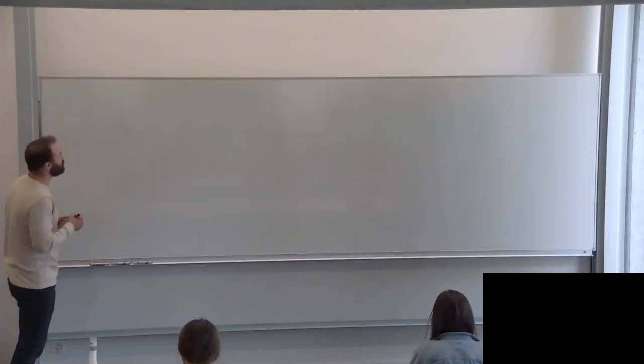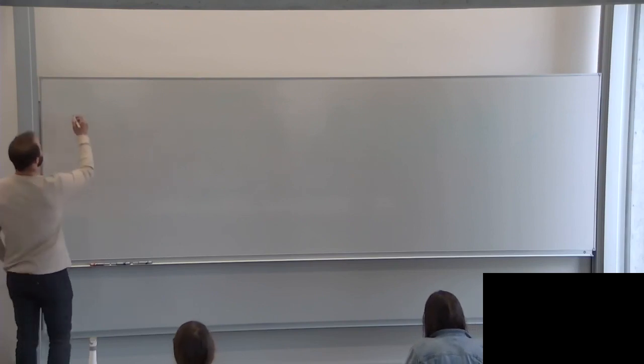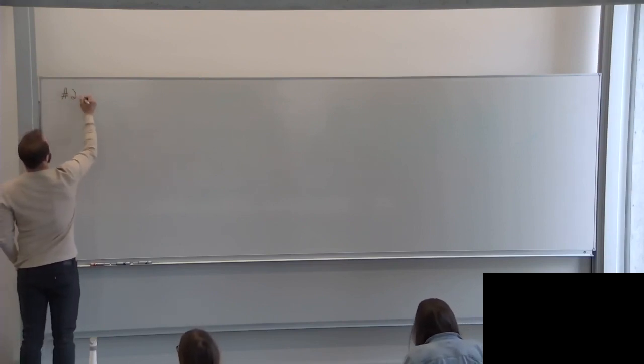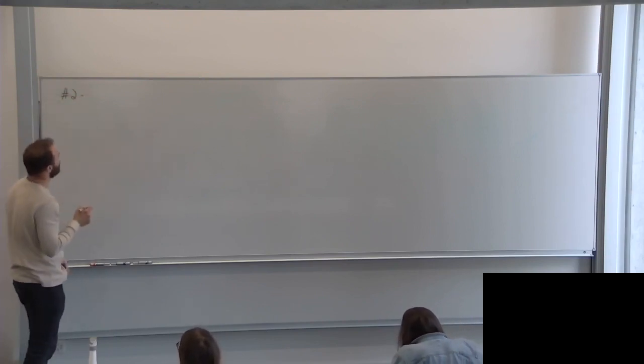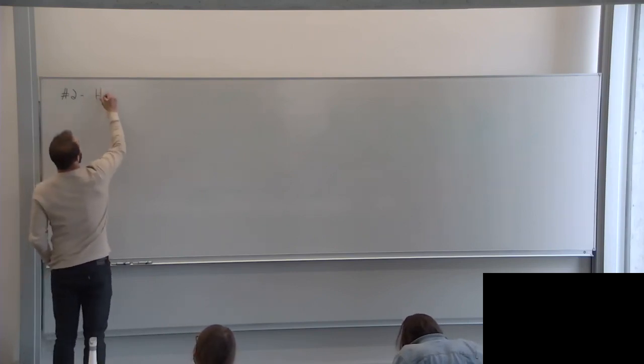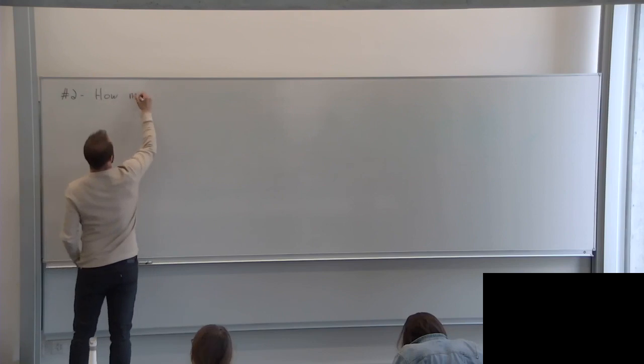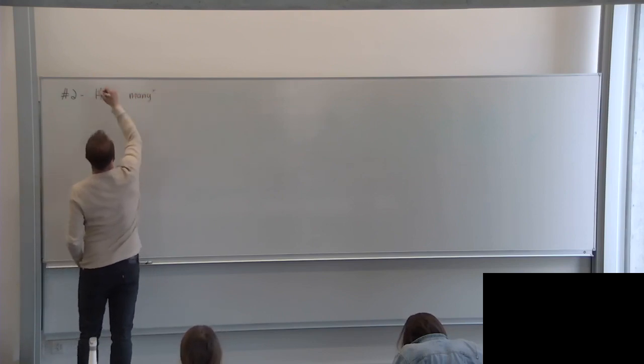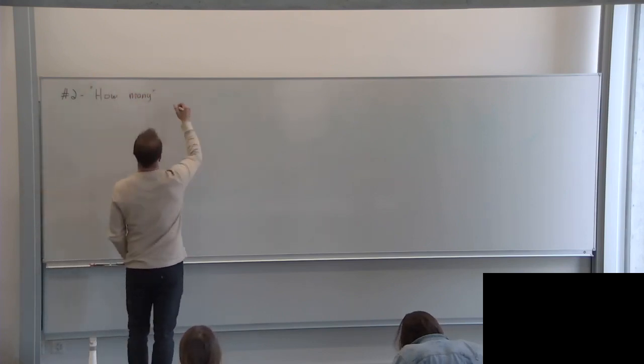So I guess question 2 was where there was a glitch for some people. What was it again? It was how many prefix codes are there? By how many, I mean either countably or uncountably.